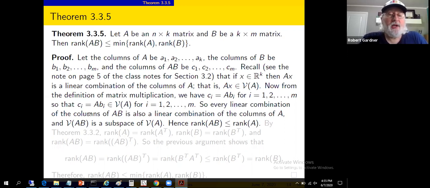So every linear combination of the columns of AB is also a linear combination of the columns of A. In other words, the column space of AB is a subspace of the column space of matrix A. So the dimension of the subspace is less than or equal to the dimension of the big space, or since these are column spaces, the rank of AB is less than or equal to the rank of A.